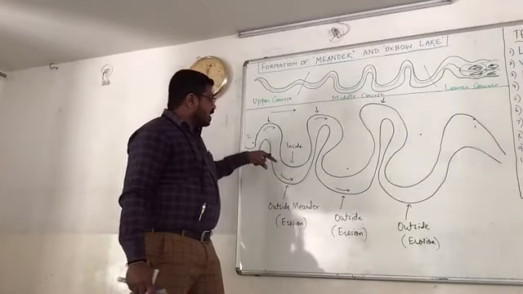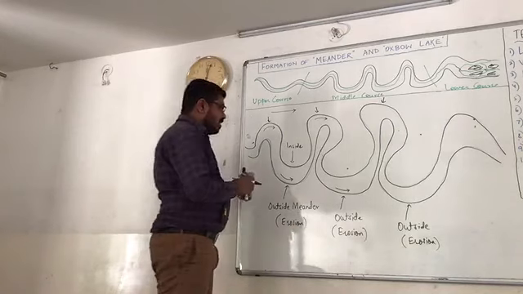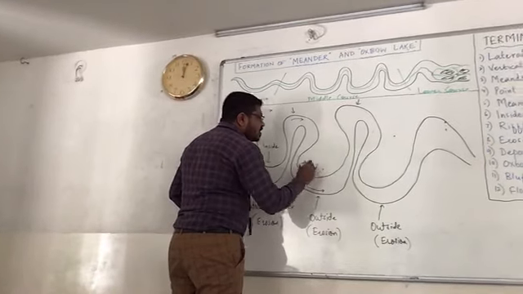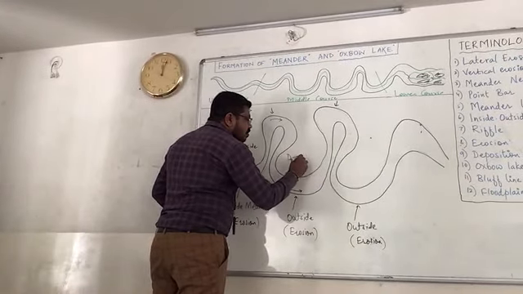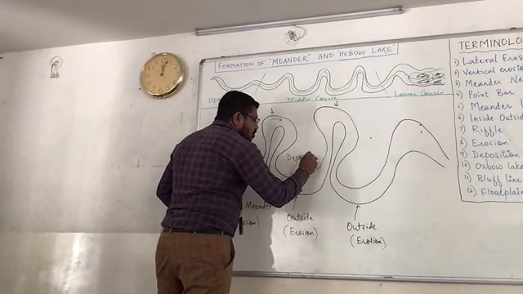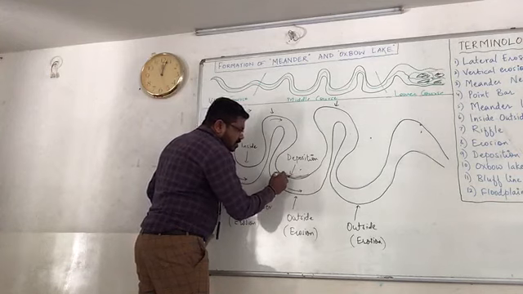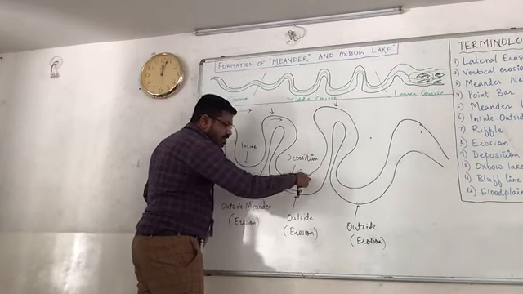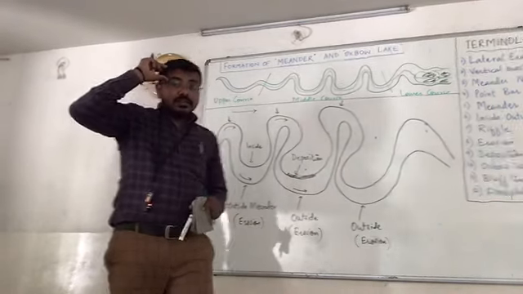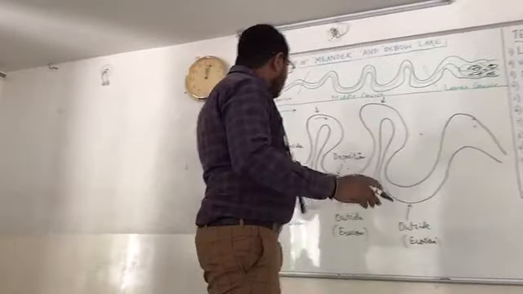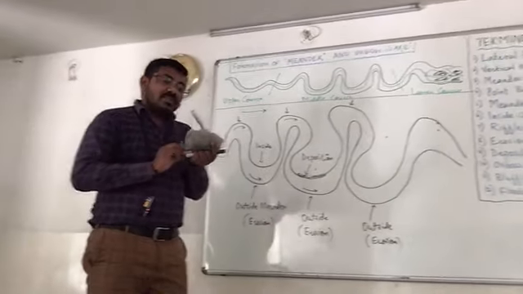And inside, the river has to deposit something. So all the inside meanders will experience deposition. These areas will have the deposition, whereas the outside meanders will have the erosion, right? So erosion and deposition happen this way.